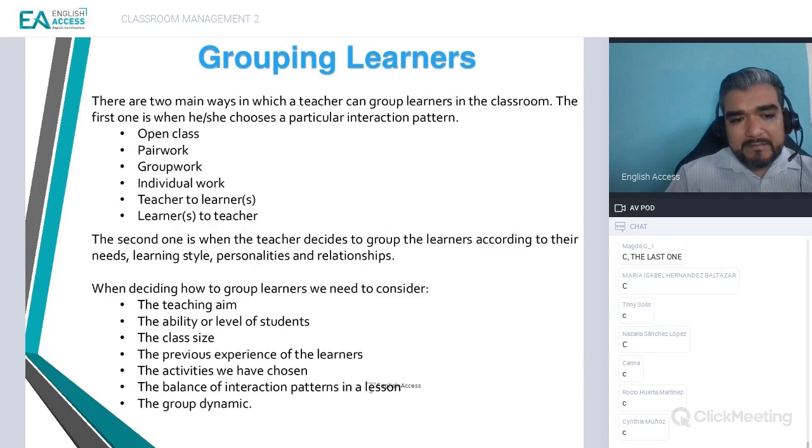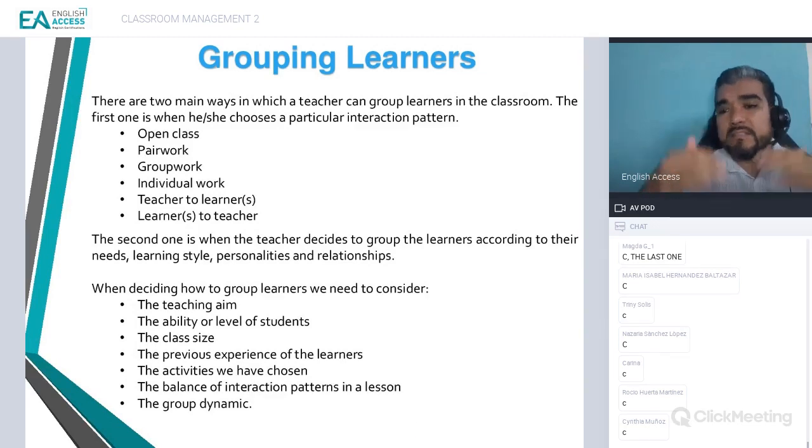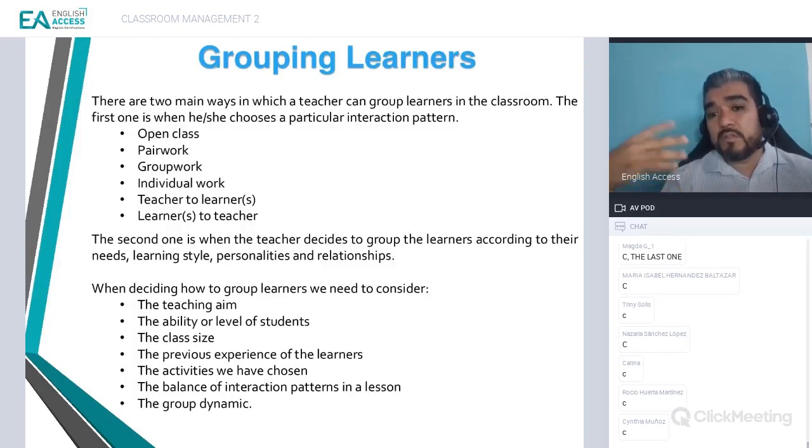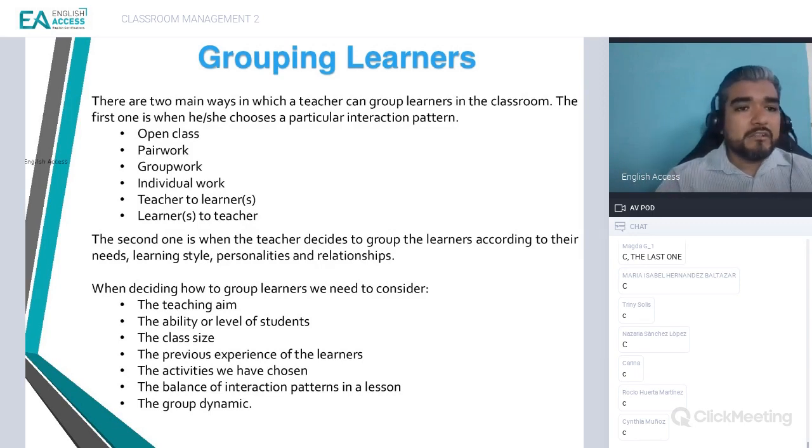Previous experience of the learners, the activities that you have chosen, the balance of interaction patterns, and the group dynamics. So, what is the dynamic that you follow in the group? You don't want your students to work all the time individually. You want them to work in different interaction patterns. Okay, I'm going to show you a picture.